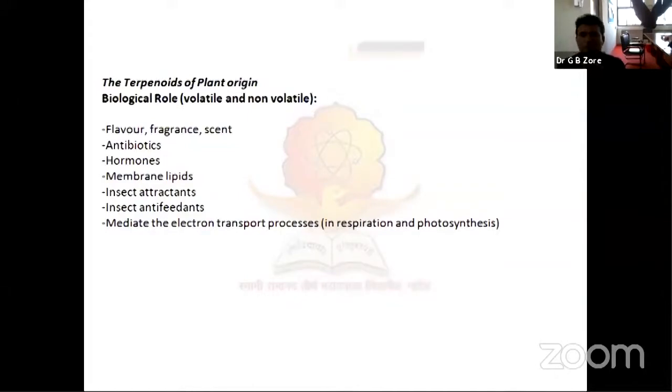Before modern medicine came into existence, plants and plant derived products were the lifelines of human beings for protecting themselves from diseases, and not just humans, even animals.